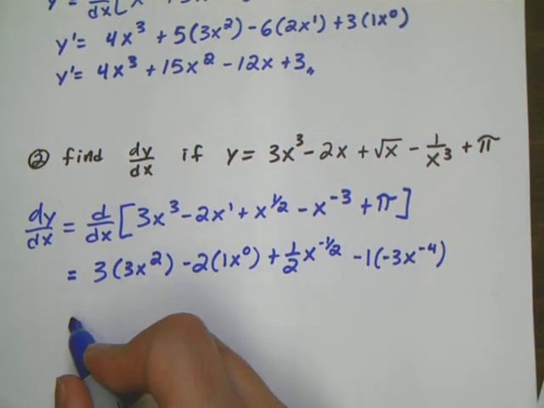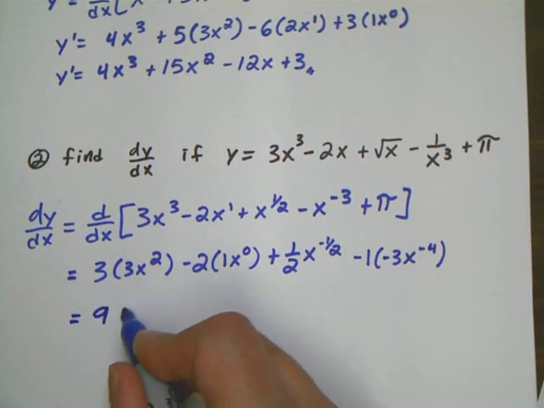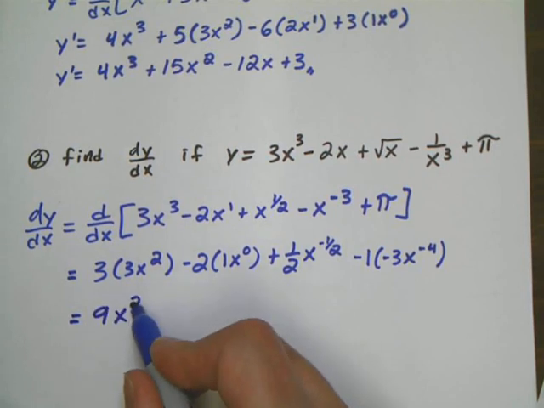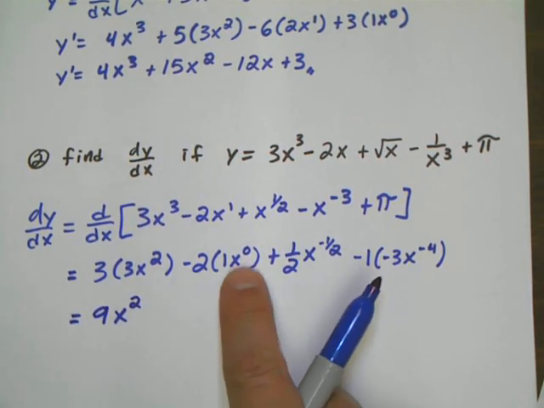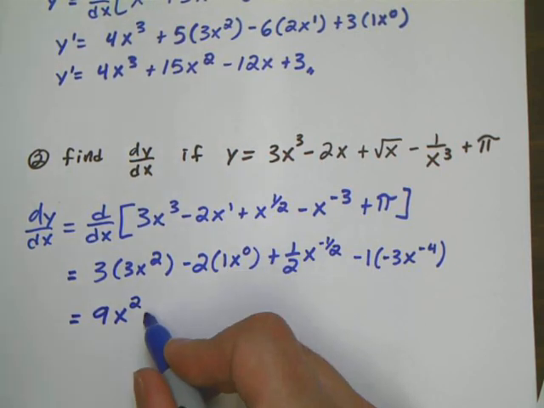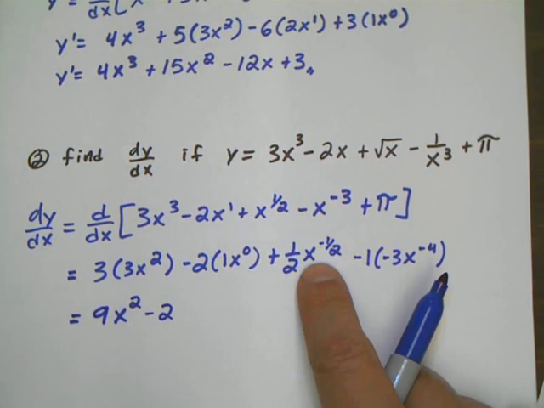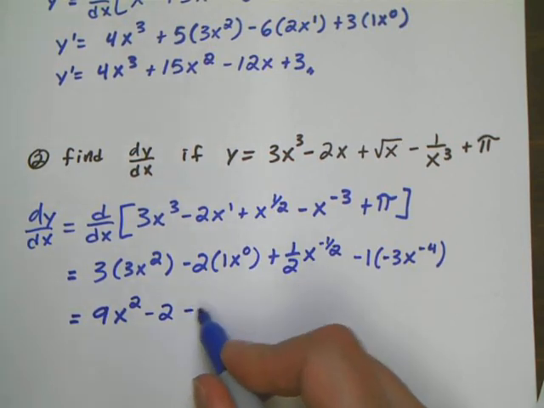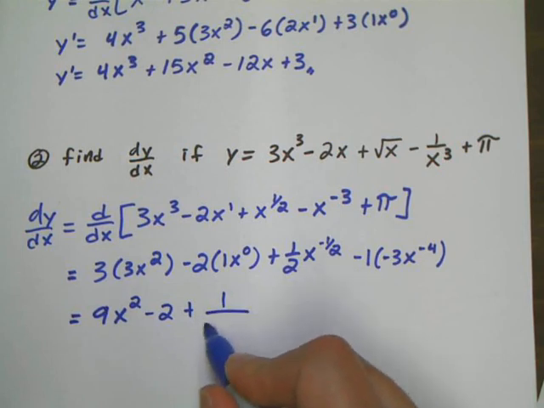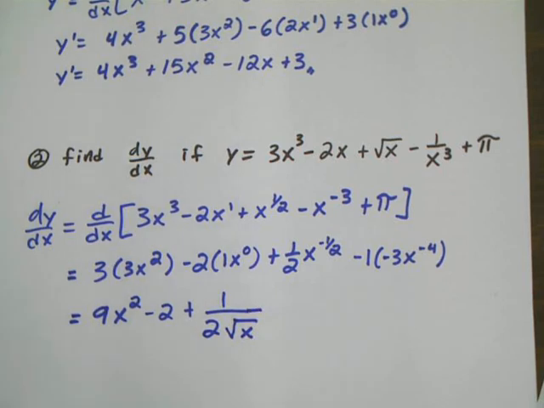Cleaning this up and simplifying, it's going to be 3 times 3, which is 9, x to the second power. You're going to have x to the 0, so it's going to become 1 times negative 2, which is minus 2. This is now a negative exponent, so it's going to go in the denominator, and because it's to the 1/2, it's going to be a radical, radical x, like that.